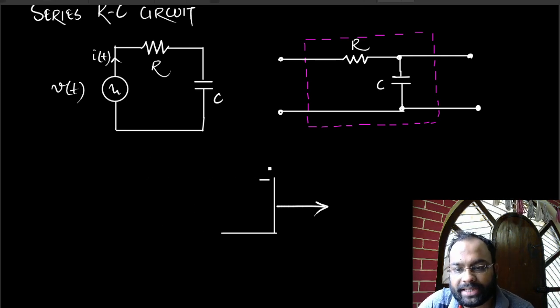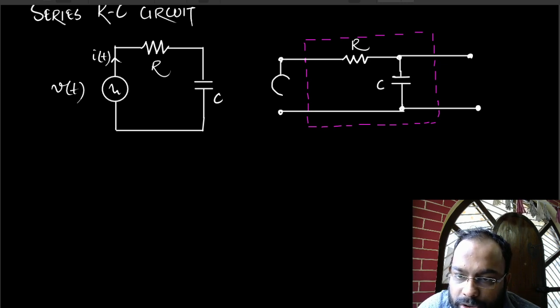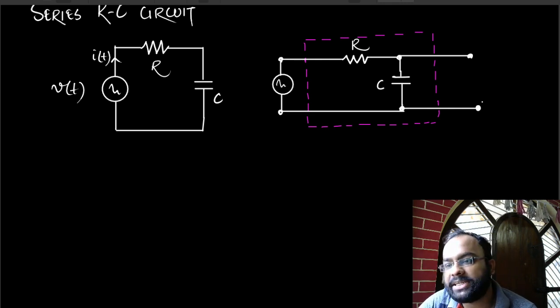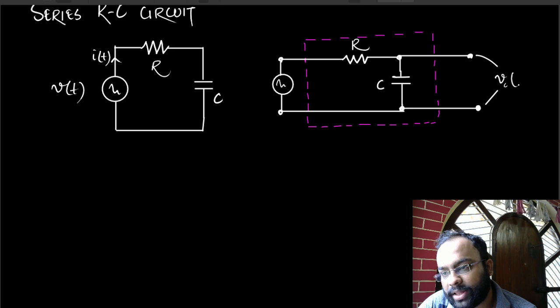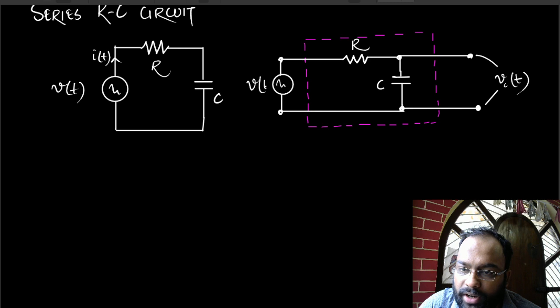So with that said, I am applying the voltage here, which is an ideal voltage source, rather an ideal signal source, and we are measuring the output voltage here. Let's call that voltage across the capacitor. This is the input voltage, call that Vt, and the current that is going in is It.